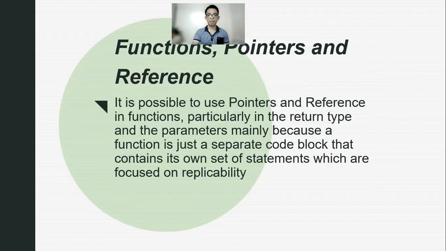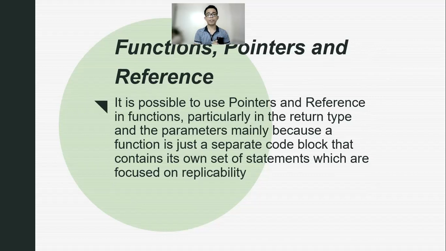Next, we have functions, pointers, and references. It is possible to use pointers and references in functions, particularly in the return type and parameters, mainly because a function is just a separate code block that contains its own set of statements which are focused on reusability.